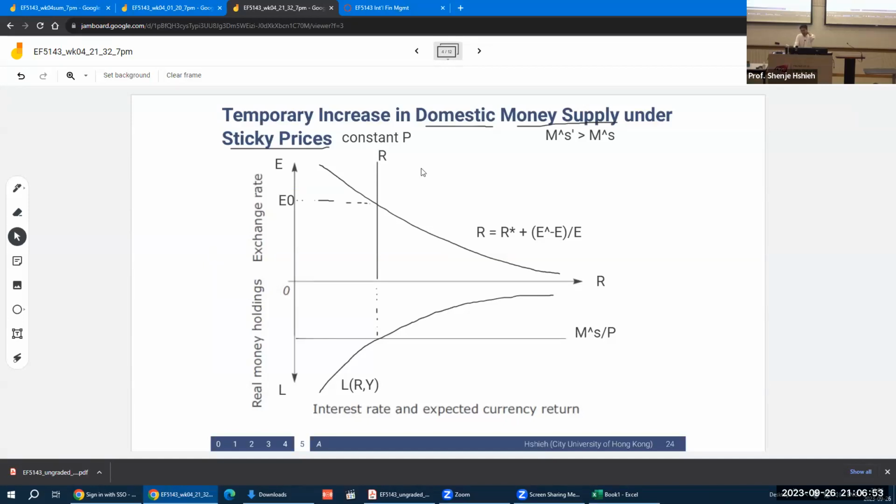So in the case in which we have an increase in domestic money supply, this term increases while P stays constant, right? So we have MS prime over P. With a larger numerator and the denominator staying constant, the real money supply curve should shift which direction, up or down?